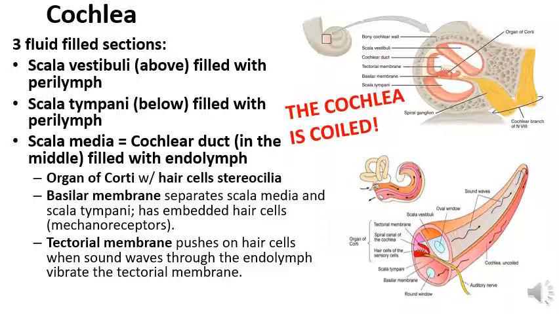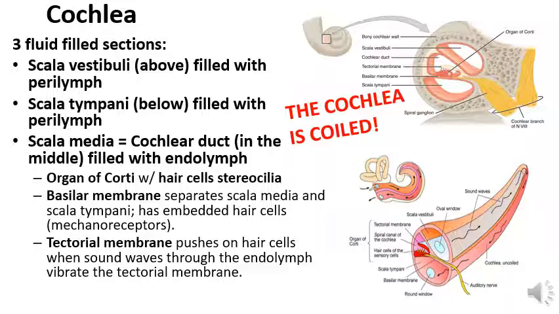And in cross-section, if I take a look at that cochlea, I notice there are three different chambers. Something called the scala vestibuli above, something called the scala tympani below, and something called the scala media, also known as the cochlear duct, smack dab in the middle.